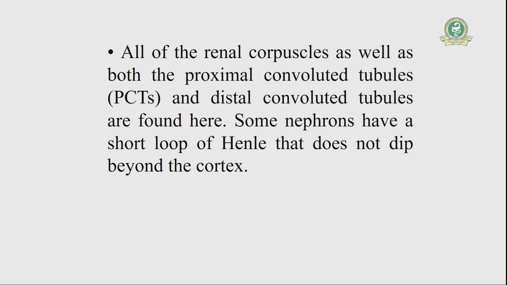All of the renal corpuscle, as well as both the proximal convoluted tubules, PCTs, and the distal convoluted tubules, are found here. Some nephrons have a short loop of Henle that does not dip beyond the cortex.